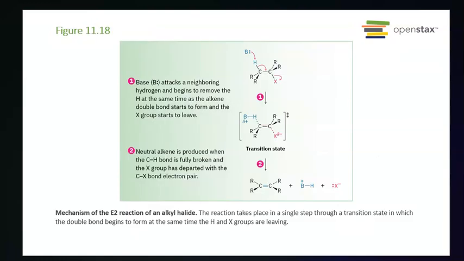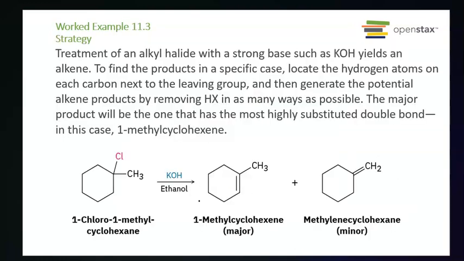So to look at the correct product here one more time: the reaction of the alkyl halide, which is your substrate, with a strong base like potassium hydroxide, you can get the major product as 1-methylcyclohexene and the minor product as methylenecyclohexane.